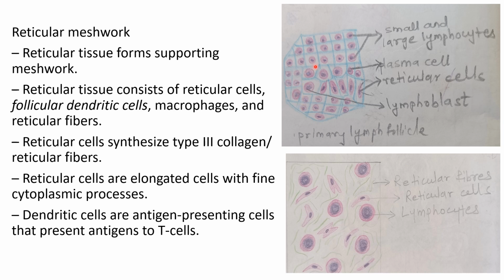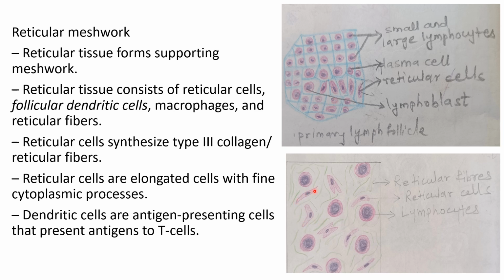The supportive framework of the lymph node is formed by reticular meshwork, where the reticular cells and the reticular fibers form a supportive meshwork, and the spaces within this meshwork are occupied by small and large lymphocytes. The same we can see in this diagram also.